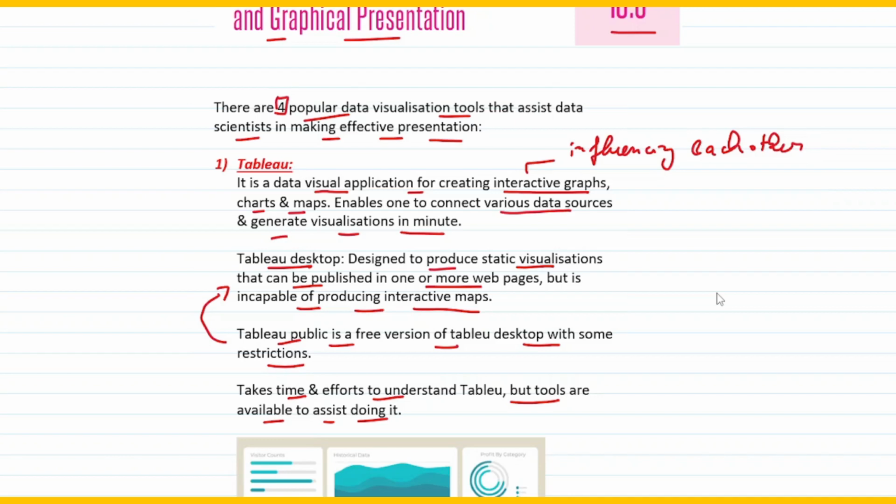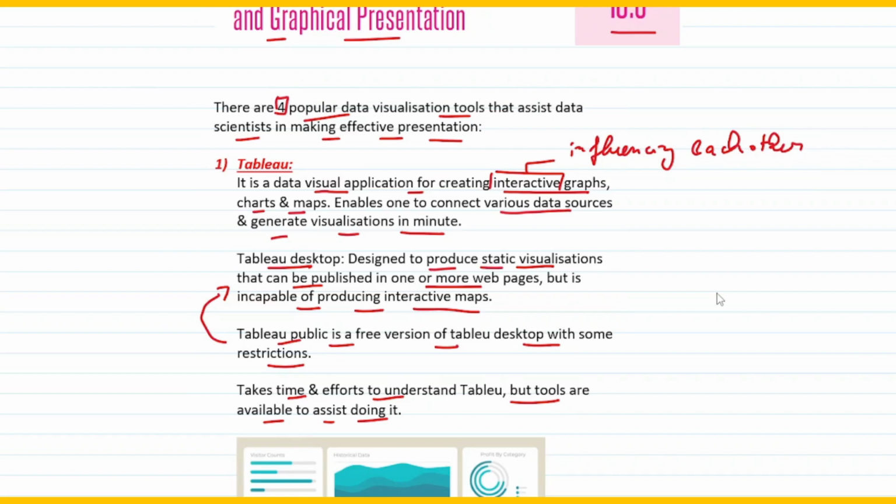Okay, let's quickly revise what Tableau is all about. Tableau is basically a data visualization application for creating interactive graphs. So the core word here is interactive graphs, right? Charts and maps. It enables one to connect various data sources and generate visualizations in minutes. Fine. What is Tableau Desktop? Designed to produce static visualization. So that's the difference between normal Tableau and Tableau Desktop.